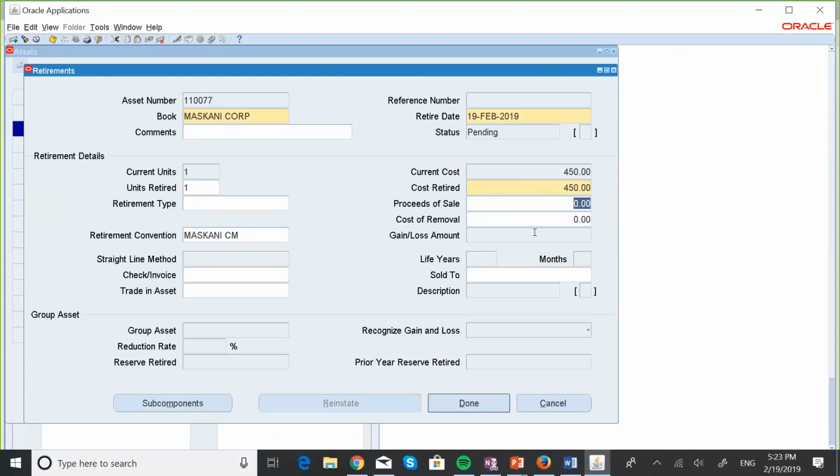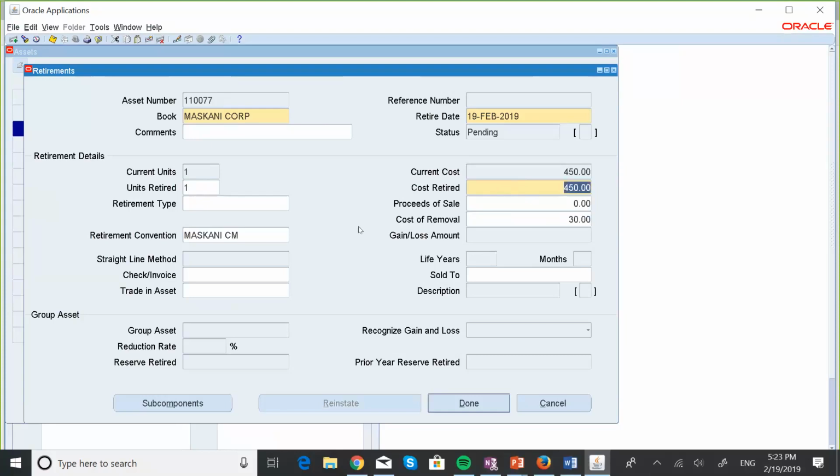So let's say for this we had a cost of removal of $30. So remember the cost of removal clearing account we entered for our natural accounts in our book controls, okay?